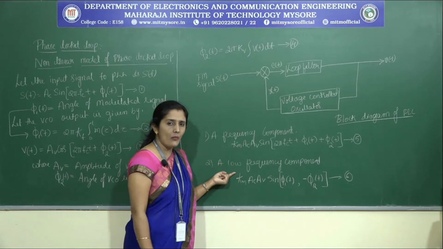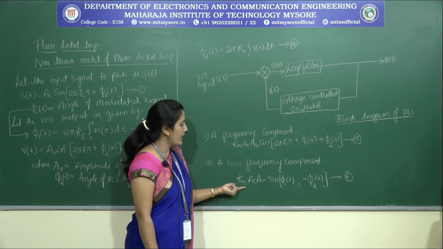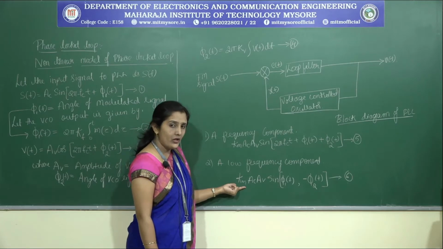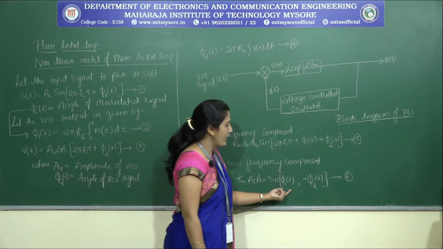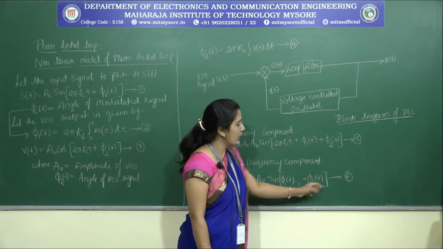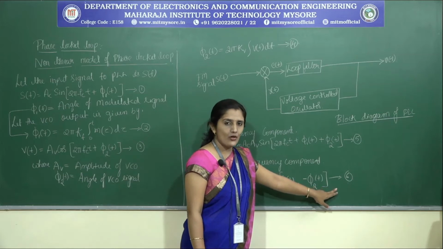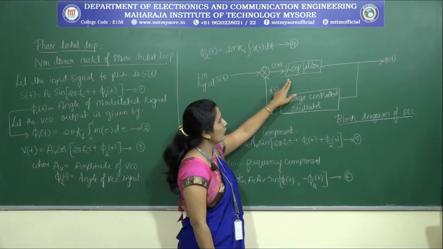And one more component we get here is a low frequency component, which we represent as Km Ac Av sin(phi 1 of t minus phi 2 of t). Let us consider this as equation number 6. In the phase lock loop we have the loop filter.